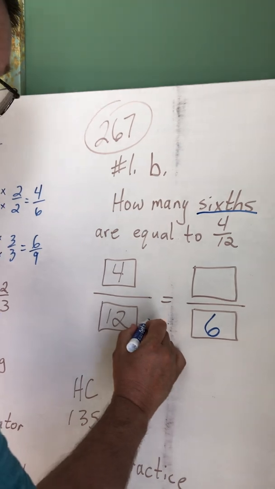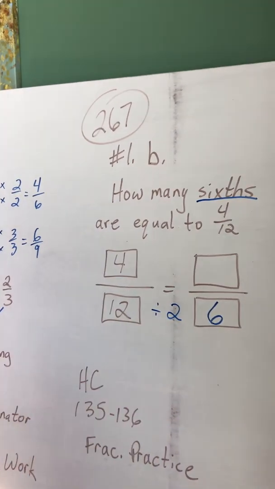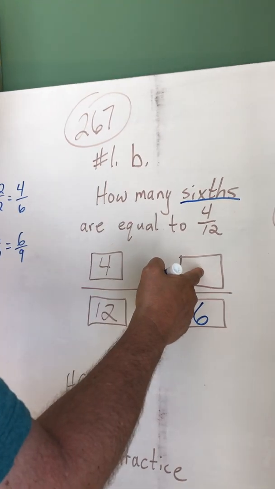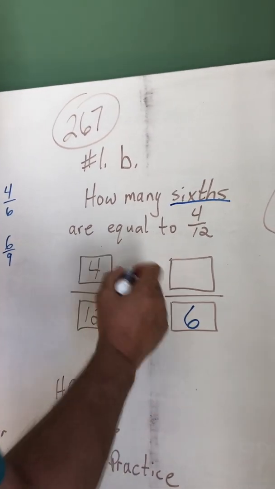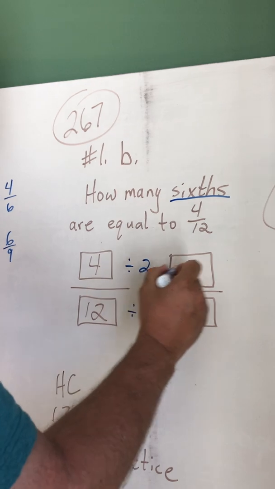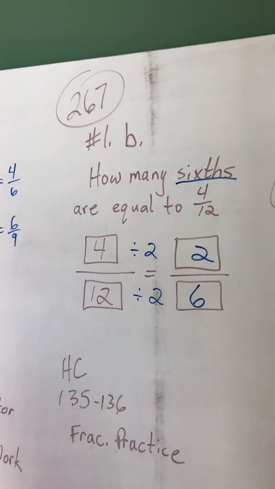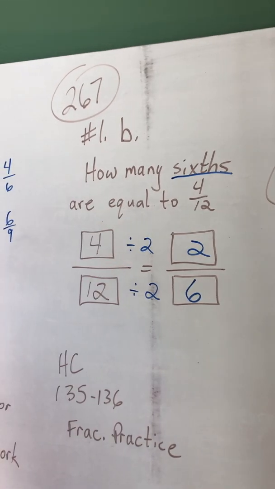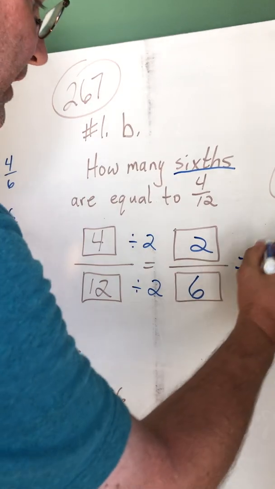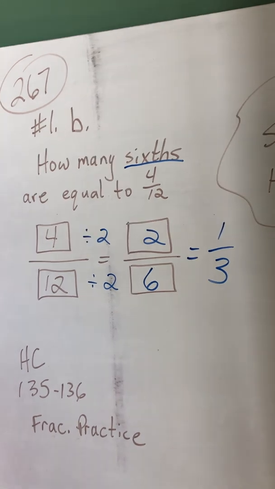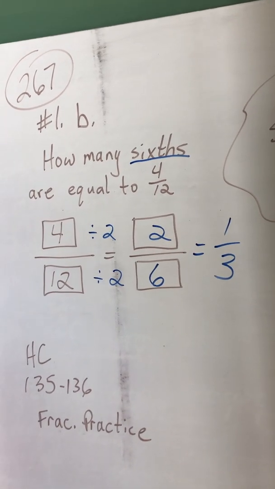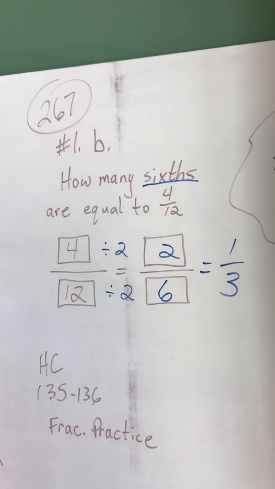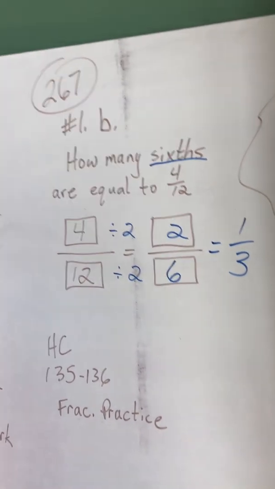Yes, you're right, because we're dividing by 2. 12 divided by 2 is 6. So to get the equivalent fraction here of how many 6ths, we have to divide by 2 on the top, and that's 2. So yeah, 4/12 and 2/6 are equal, and they're also equal to 1/3 if we went all the way down to simplest form. 4/12 is 1/3, 2/6 is 1/3. Isn't that cool?